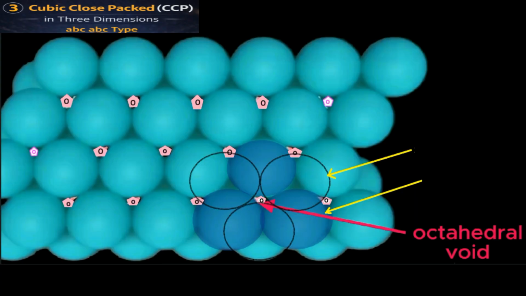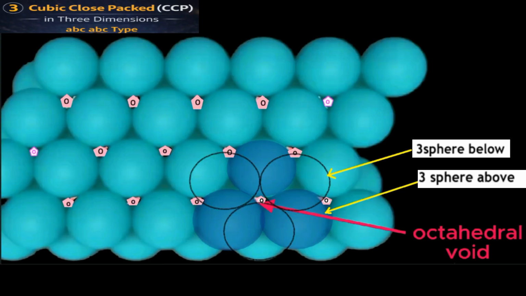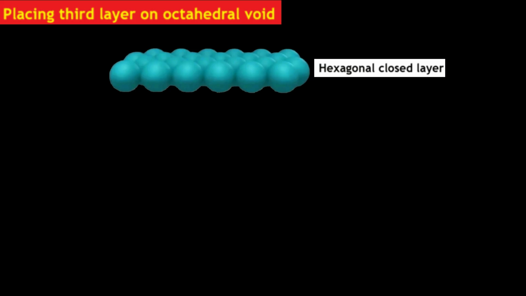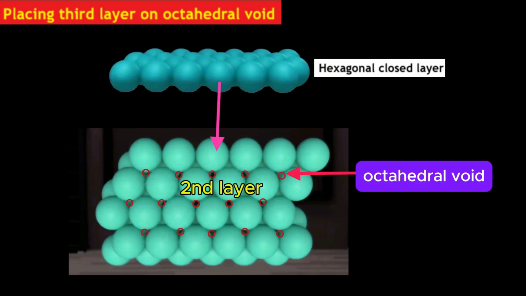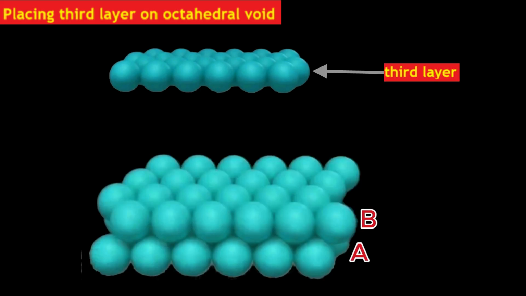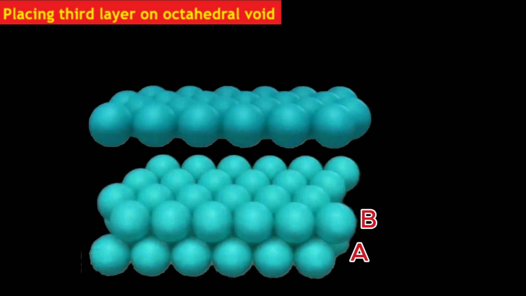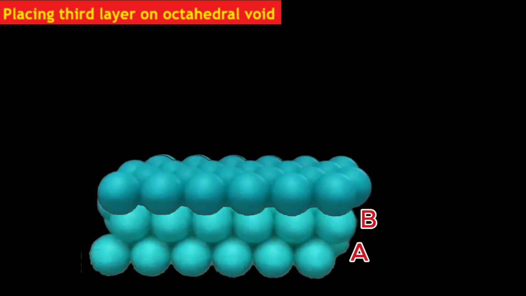Now octahedral voids are formed by 3 spheres above and 3 spheres below. Placing the third layer on octahedral voids. Now we will place a hexagonal close packed layer on the second layer so that all octahedral voids are covered.